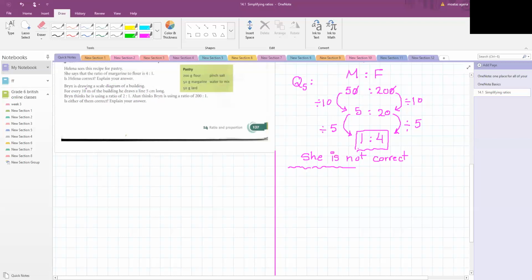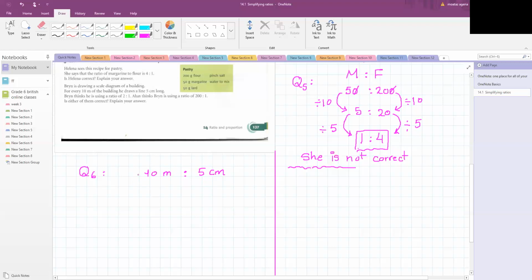He said that for every 10 meters, he draws 5 centimeters. We cannot simplify this ratio because they are different units here. So we have to convert meters to centimeters or centimeters to meters.